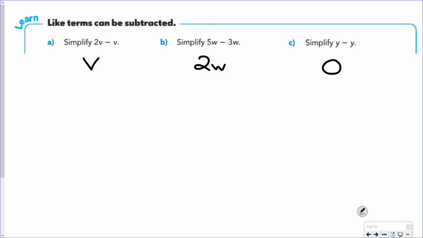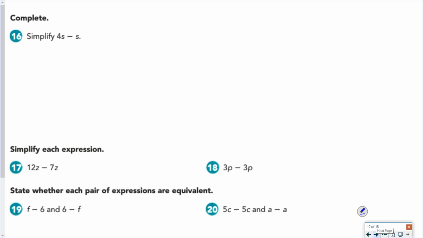It's not 0y because, again, it stands for multiplication, and 0 times anything is 0. So 4s minus s would be 3s. 12z minus 7z is 5z. 3p minus 3p is 0.